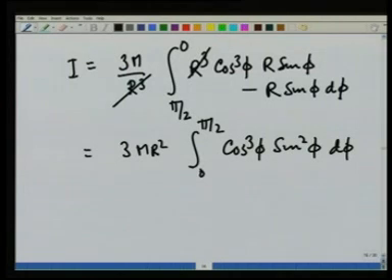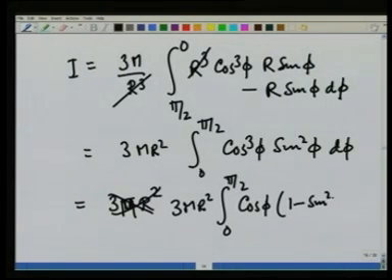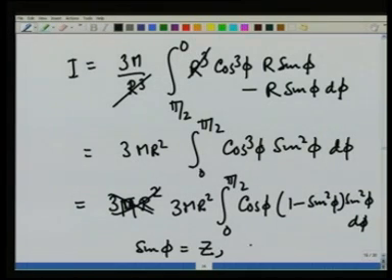To evaluate this integral, let me write this in a particular way, 3 M R square, 0 to pi by 2, cosine phi, cosine square phi will be left, which I will write as 1 minus sine square phi d phi, and let sine phi be equal to z, so that cosine phi d phi is dz, and limits are going to be from 0 to 1.